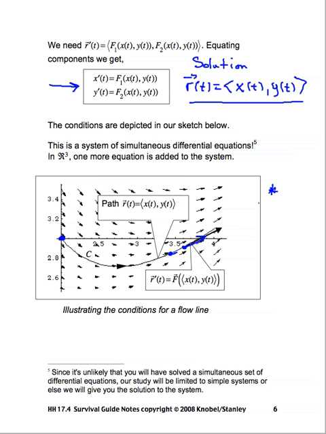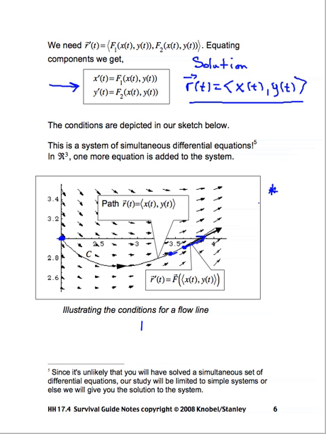In other words, the length of the vectors in the field at each point, in addition to being tangent to the path, have to be the same as your velocity vectors along your path as you move through the field. So there's really two conditions that this system of differential equations is suggesting. Tangency is one, and the other thing is that the length of the vectors in the field is exactly the same as the length of the velocity vectors along the path given by r prime of t.